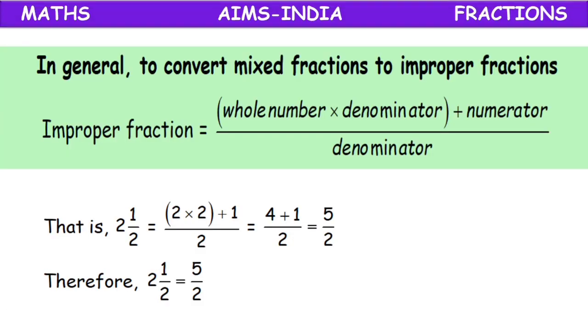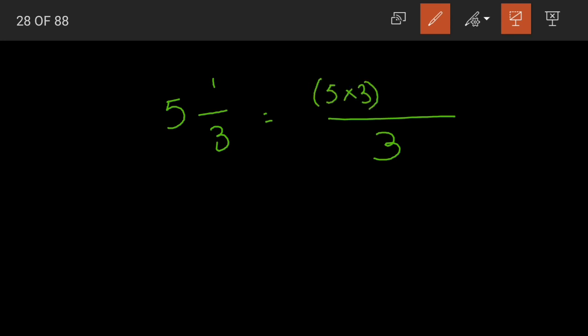Let us look at another example also. Say 5 1 by 3. How to convert? As I said, keep the denominator as it is. In the numerator, multiply our whole number and denominator.